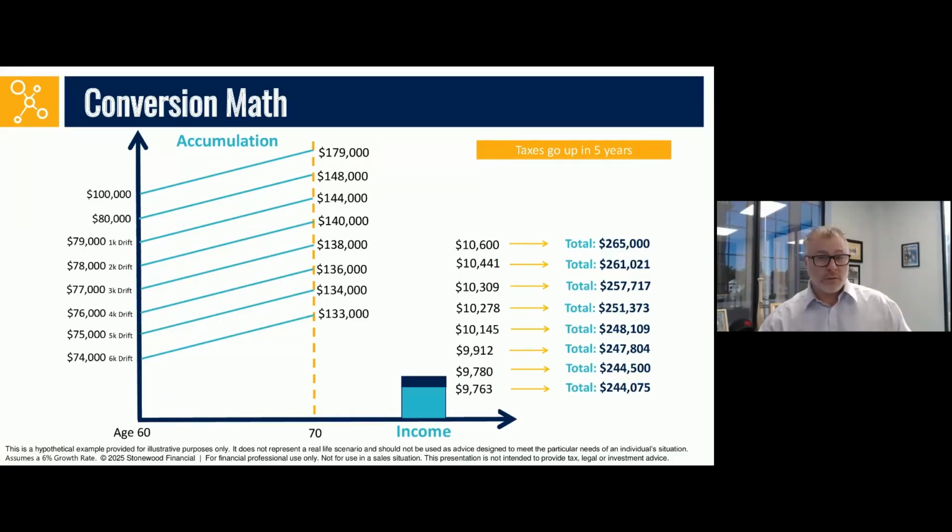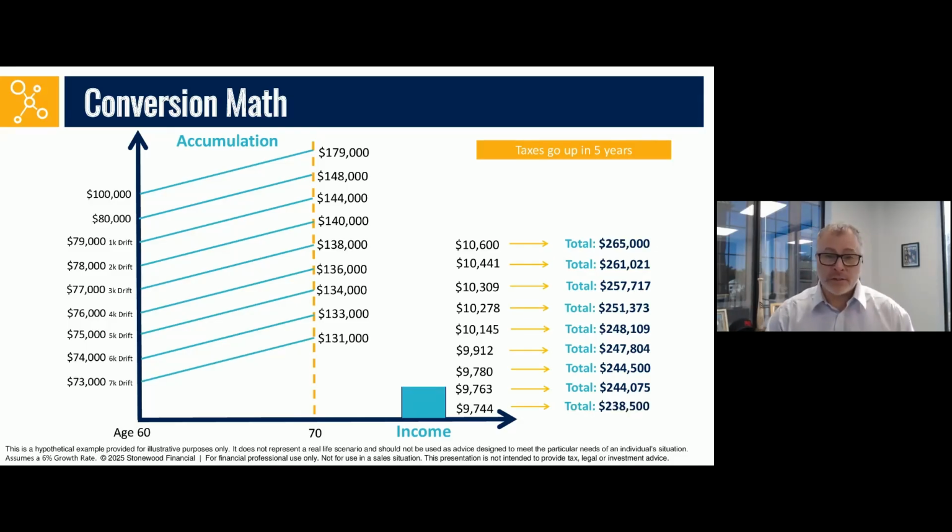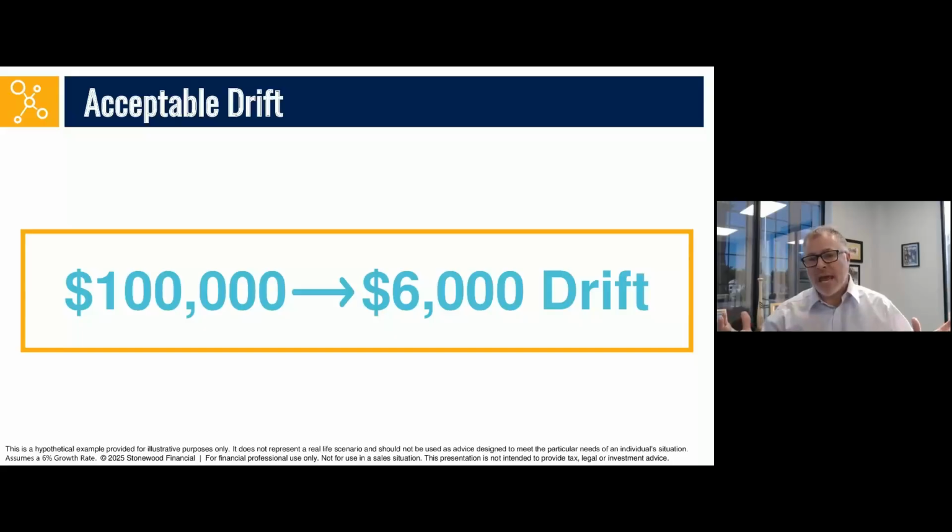But where we start to, at least from a math perspective, be on the losing side of that is with $7,000 worth of drift. So if we do a Roth conversion for every $100,000, and by the way, this is specific to this example, but I do think it's pretty representative, the net of this is what I call acceptable drift.